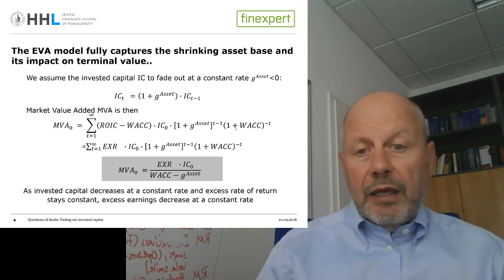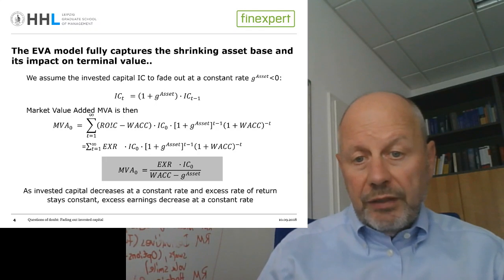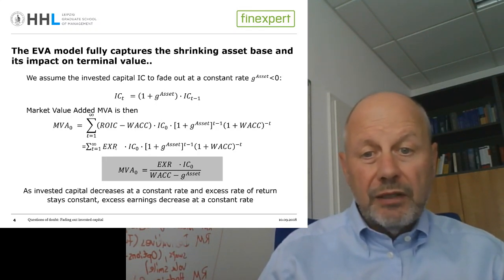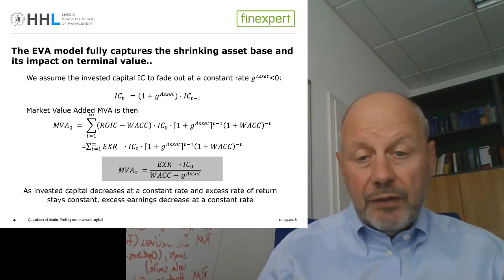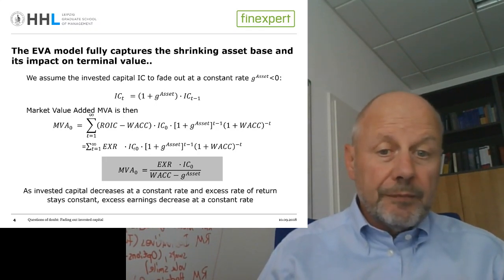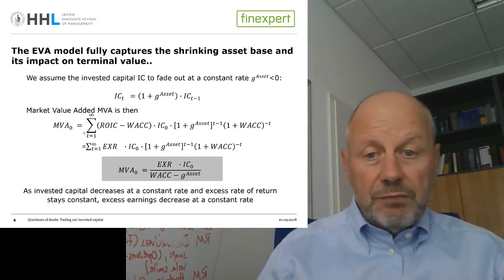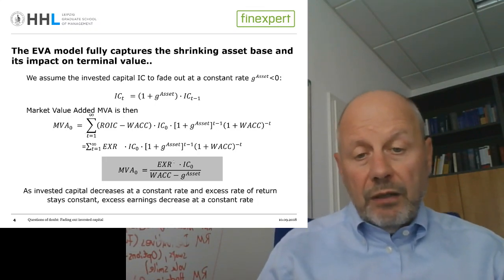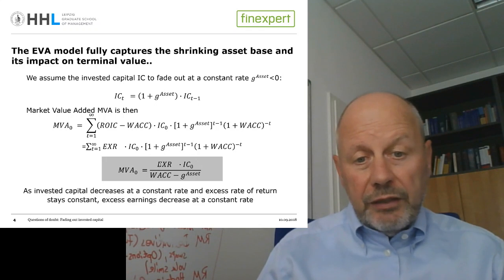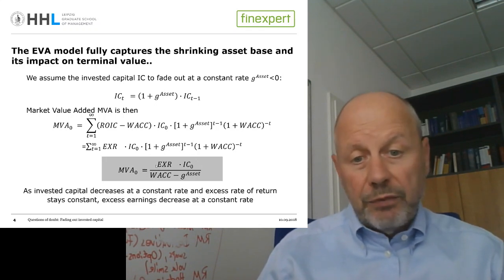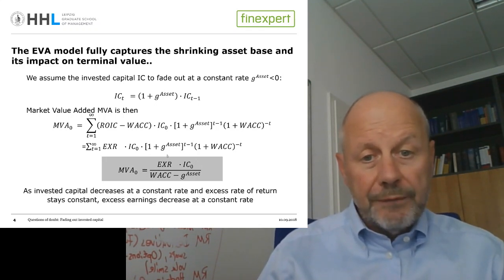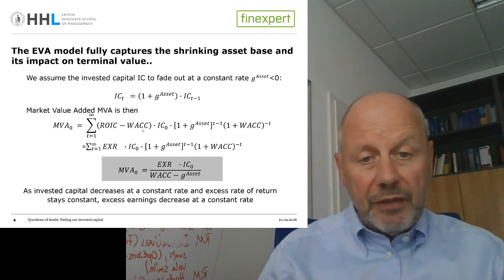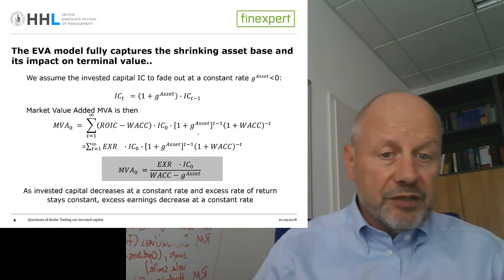Now if we replace ROIC minus WACC by the excess rate of return, which in our idea stays constant, then we can easily express this market value added as the present value of a geometrically growing, with a negative growth rate, time series of excess earnings.